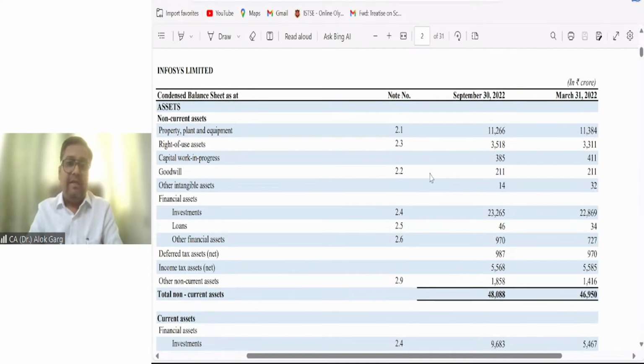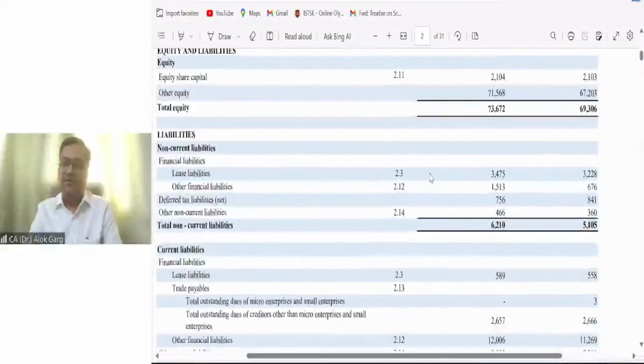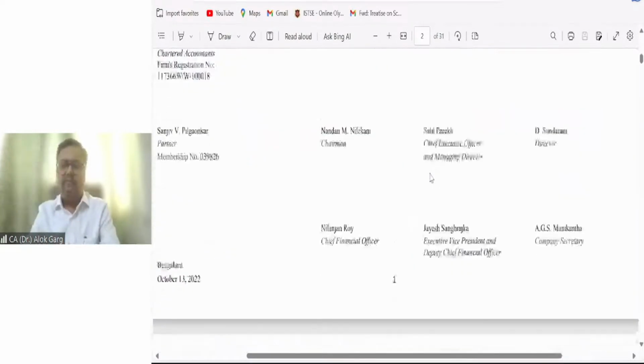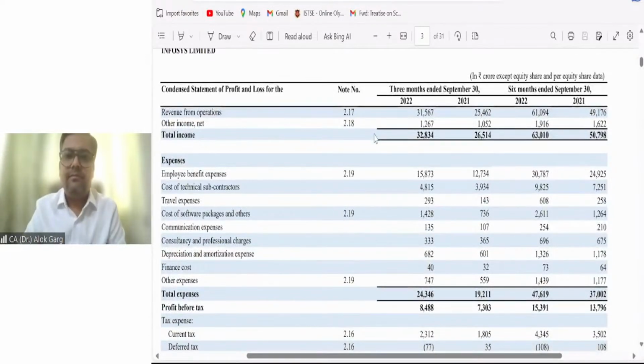Can you tell me quickly, the P&L should have been prepared for which period? Of course, for the current quarter and the current half year versus the same period of the last year. 3 months ended September 30, 2022, the current period.